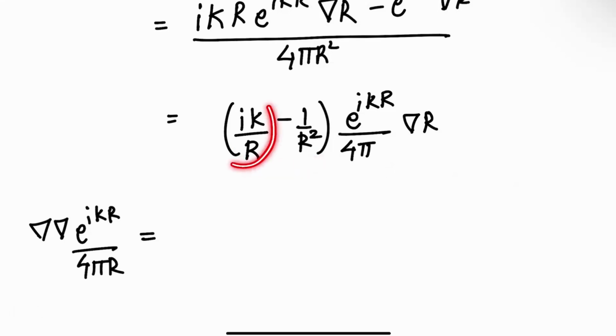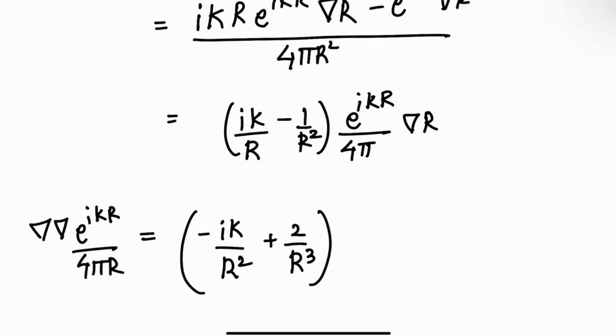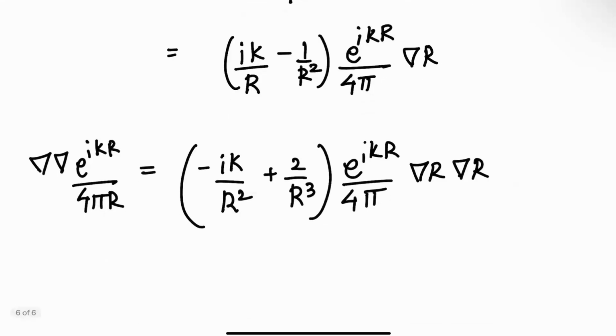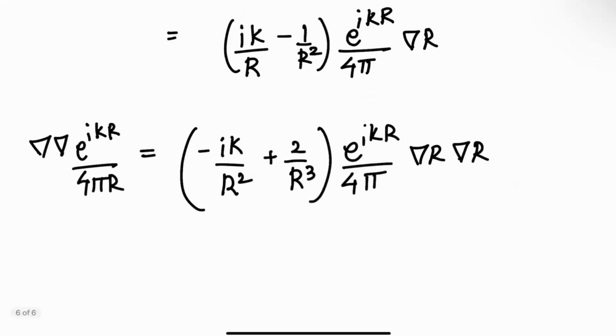So what is the gradient of this? That is nothing but minus ik over r squared times gradient of r. And the gradient of minus 1 over r squared is plus 2 over r cubed, and that's just basic calculus, times the same coefficient, e to the ikr over 4 pi, gradient of r, and you have another gradient of r because of the chain rule, right? And then you will apply it to this term.